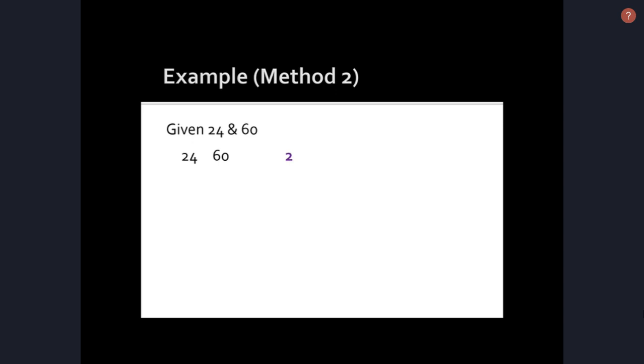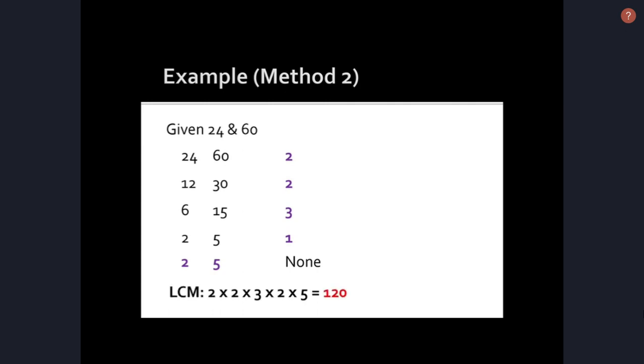Continue the steps until we have all the prime numbers on the right side and at the bottom. The LCM is 2 times 2 times 3 times 2 times 5, which is equal to 120.